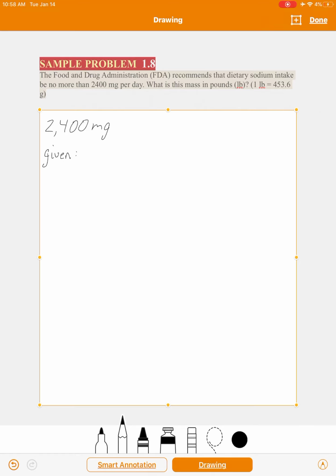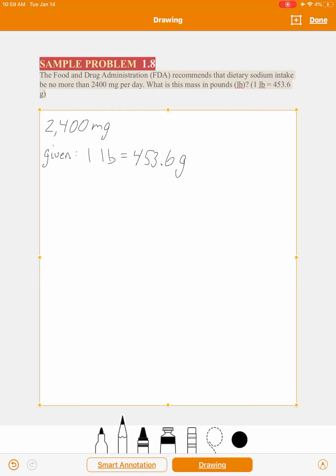That we have a conversion which is 1 pound, LB, is equal to 453.6, not milligrams, but grams, and that's the key to this particular problem. The conversion factor that we're given is between pounds and grams, not between milligrams and pounds.